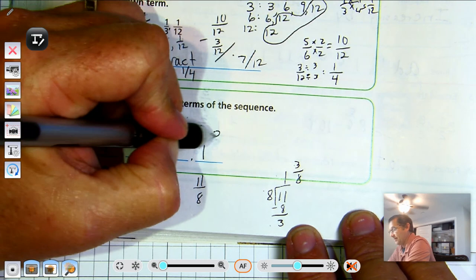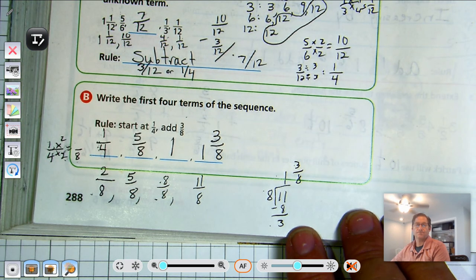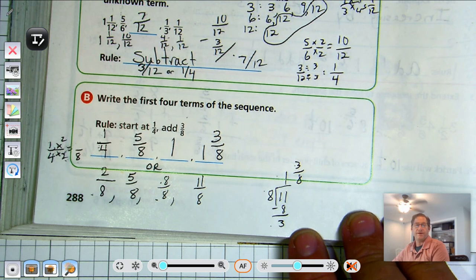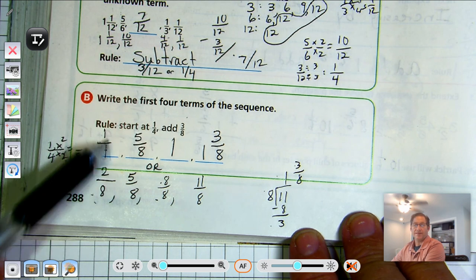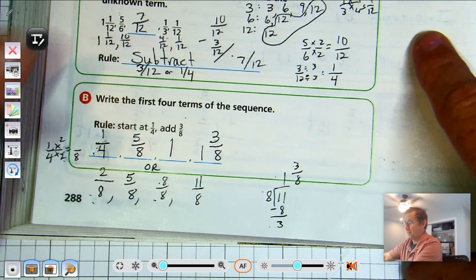So 1 and 3/8. I'm going to put the word or underneath that. So this pattern and this pattern are equivalent. This one is just in simplified form.